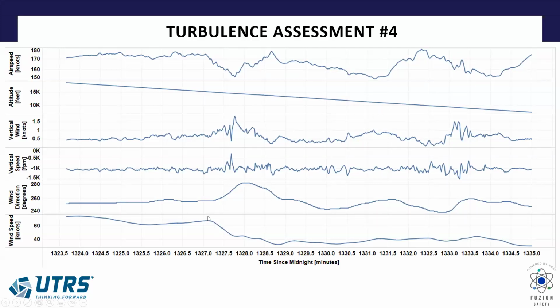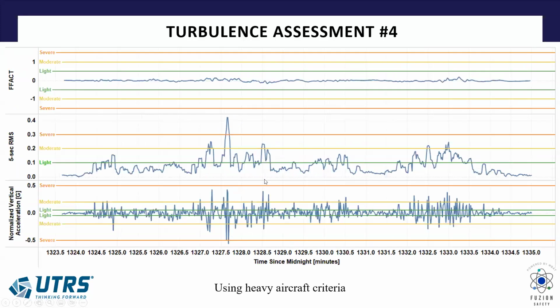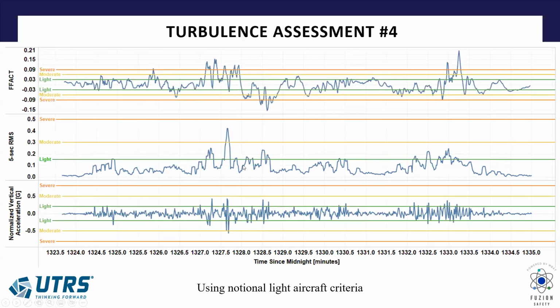The winds have a big drop off there from about 65 to 35, over just about a minute. That's pretty sudden. So they're just going through a different layer of wind in the descent, and it shook them up pretty good. And there you go again. I doubt it was severe, but it definitely caused some changes there.